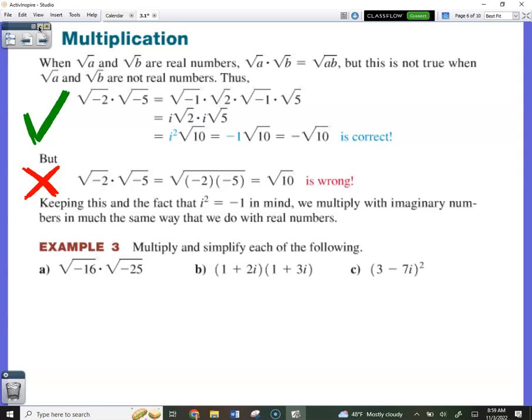So there's no way, oh, I just wanted you to do -2 times 5, and that's 10, and that's the answer. There's no way that's the right answer. Because if you do it that way, you've completely forgotten that they were imaginary. See what I mean? So this is wrong, and your clue is it was way too short. There's no way that that was right.